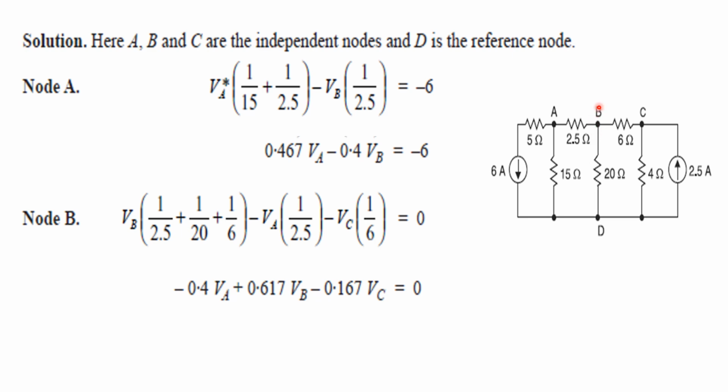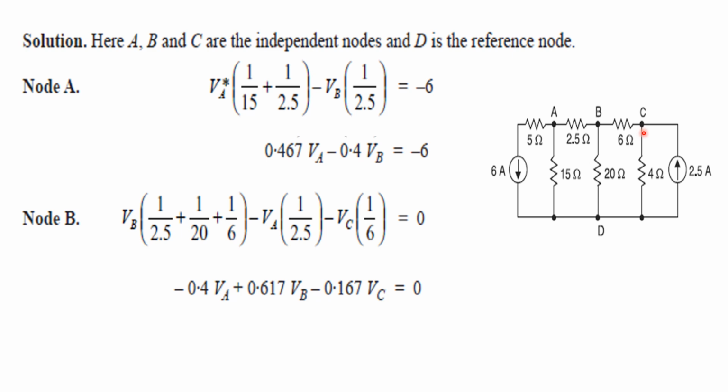At node B, we apply the current leaving and current entering. There is no current source here, so the sum is equal to 0. Considering VB, we take VB into 1 by 2.5 plus 1 by 20 plus 1 by 6, and minus VA into 1 by 2.5.